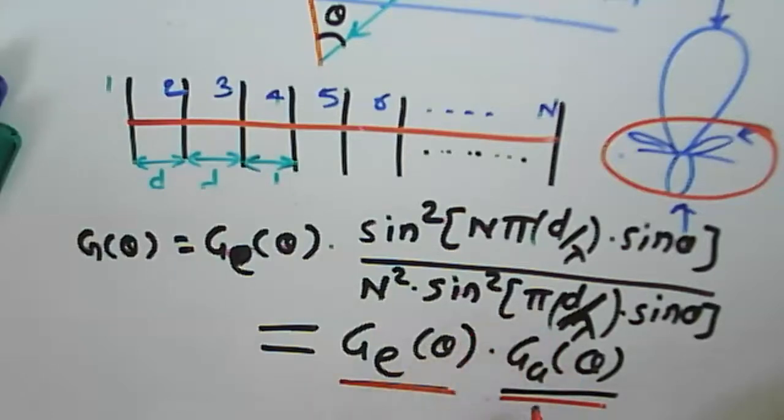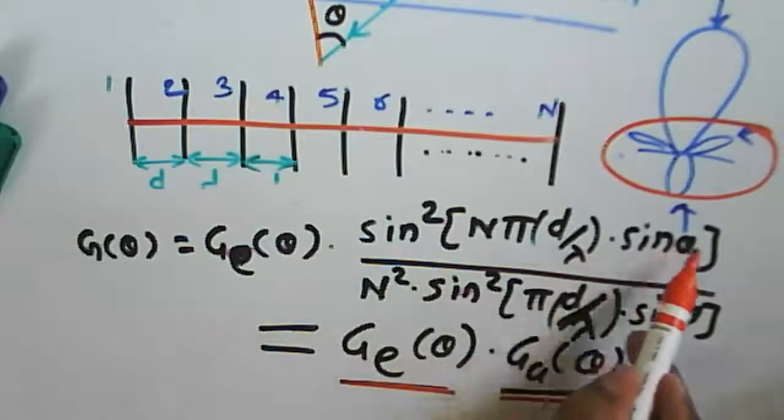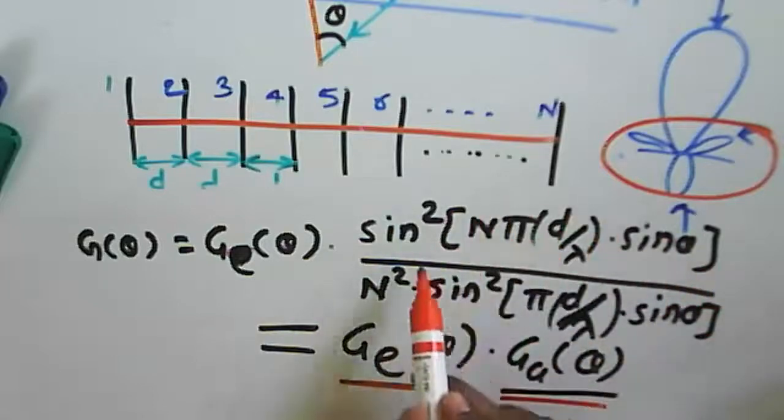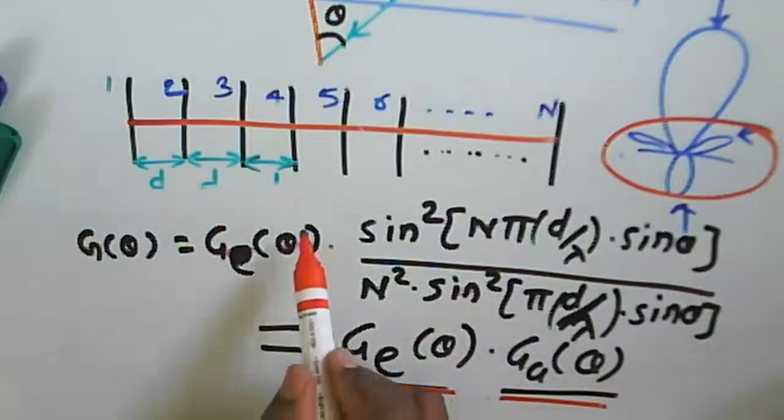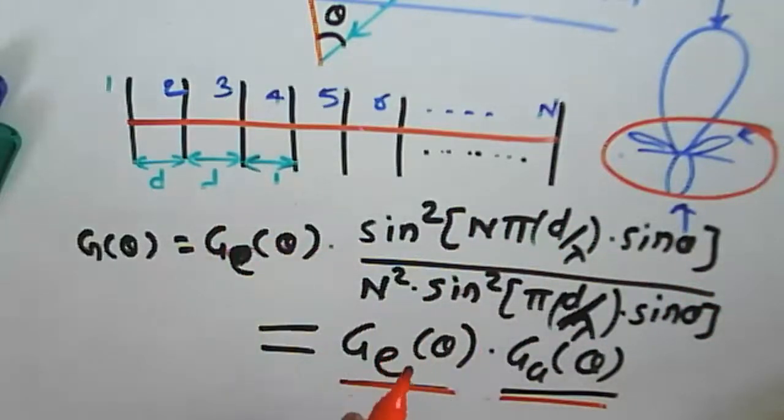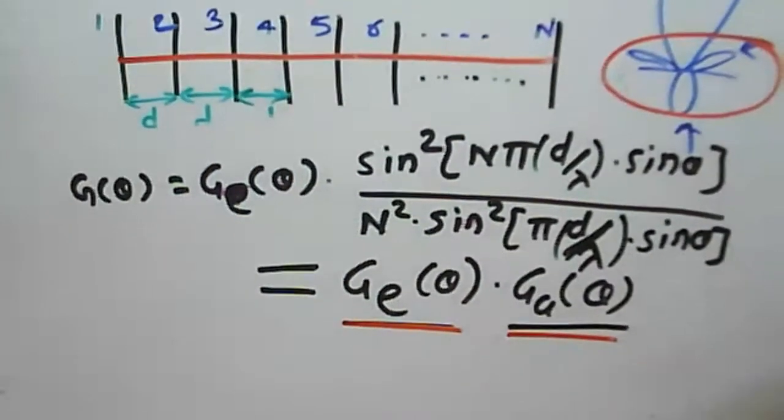So how many elements do we have? Based on that, the array factor will change, and the element factor is a constant now. So that is how we get the radiation pattern of an antenna.